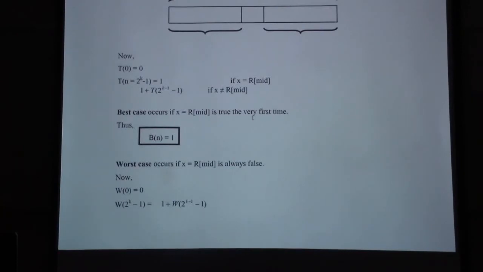Even if you never find it, if there's no array, no work, because you never have to compare. But the worst case of this is going to be 1, which is your comparison, plus the worst case of the left or the right half.